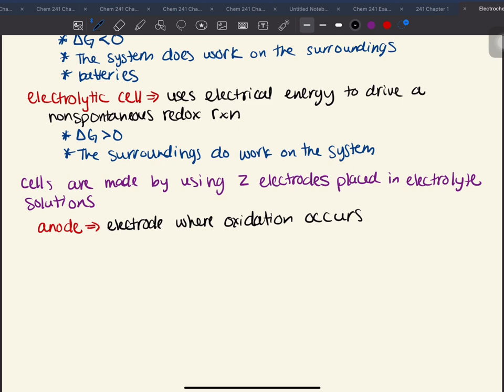So that means we have produced electrons by the oxidation.